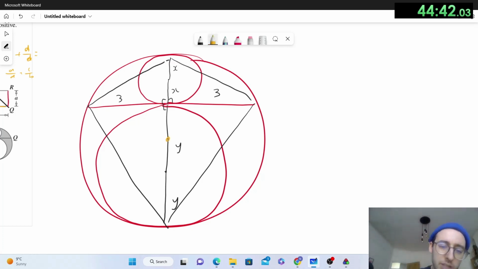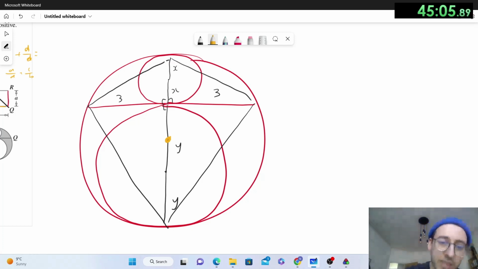Also just put the center of this big circle there. The trick of this is going to be finding the radius of the big circle. And then it's something like the areas of the inside circles are always half or something. That's the instinct.